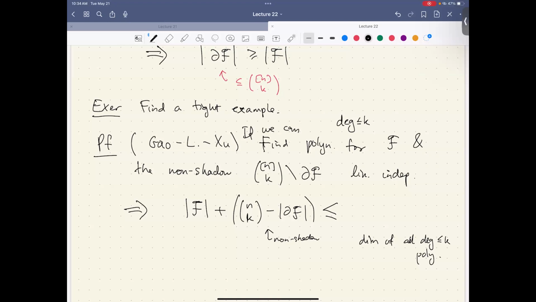What's the dimension of multilinear polynomials? The dimension of degree up to k multilinear polynomials is just the number of degree at most k monomials.